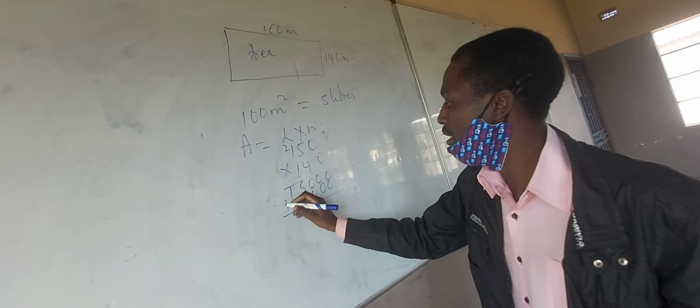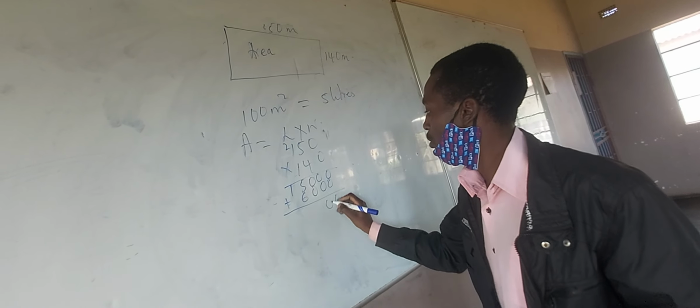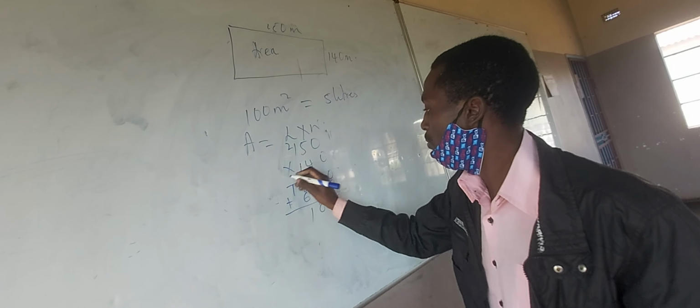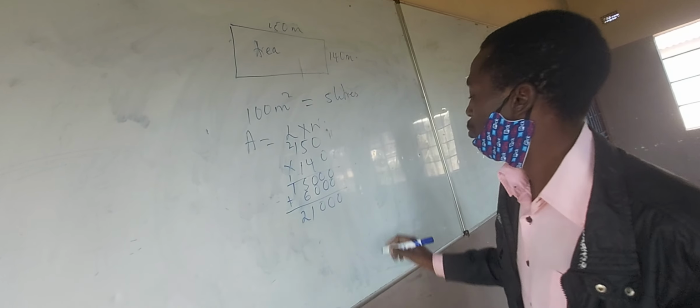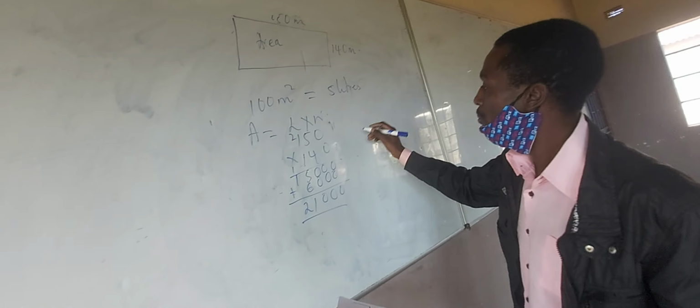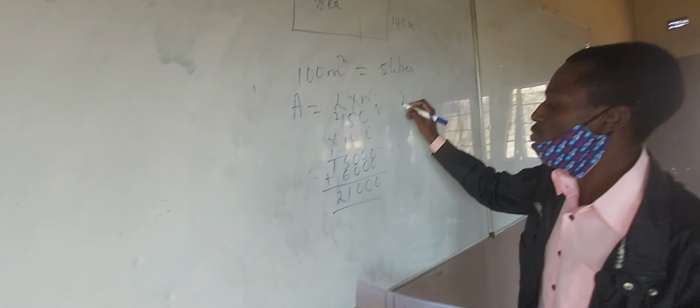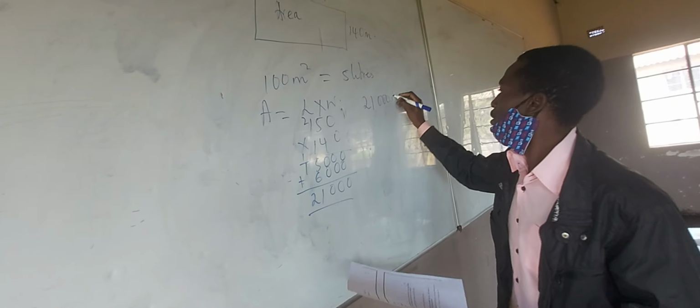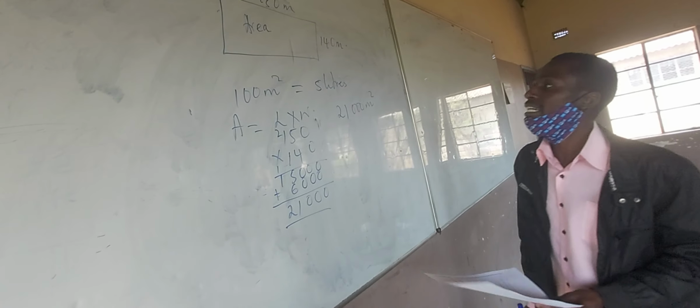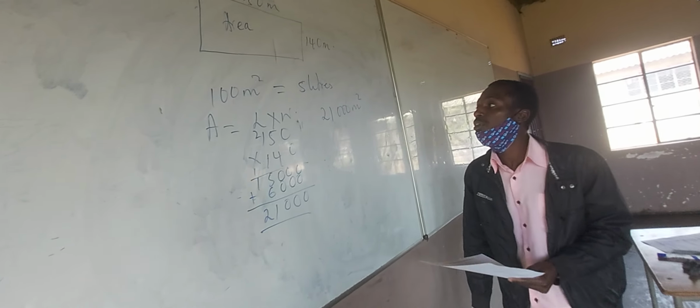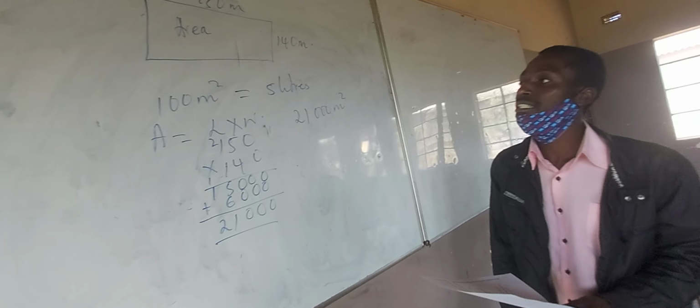So we add: 0, 0, 0, 1, 1, 2. So the area of the farm was 21,000 square meters.